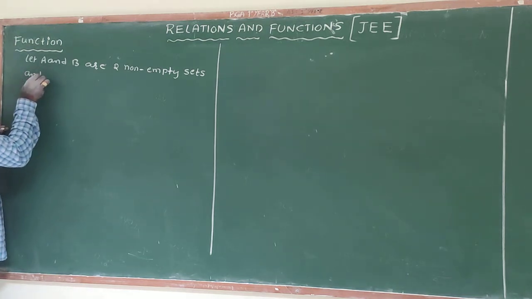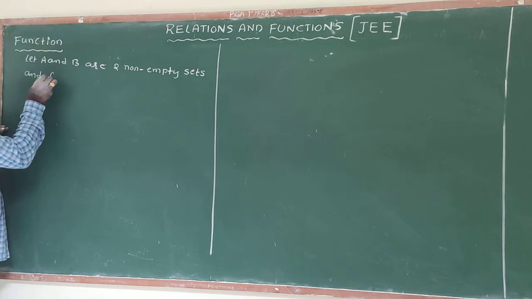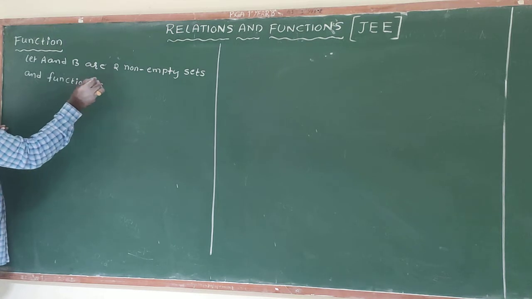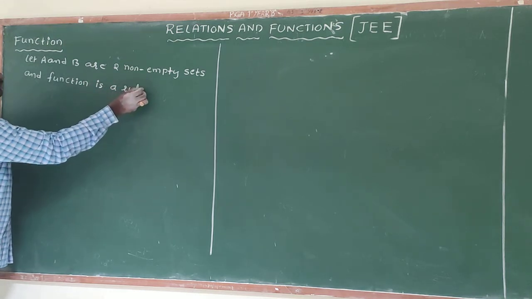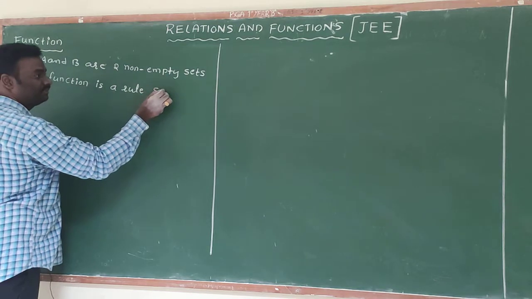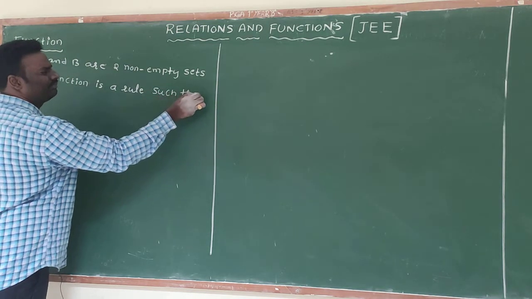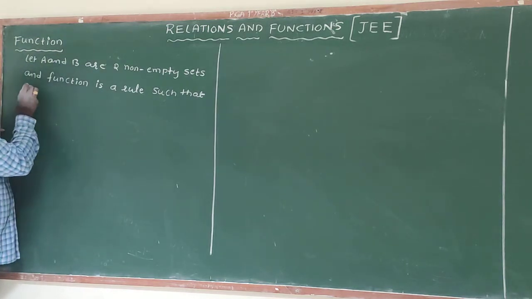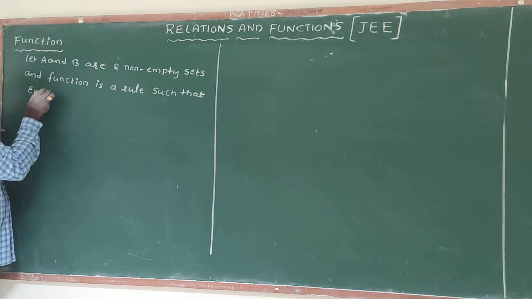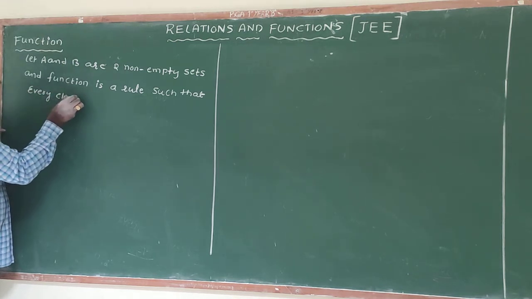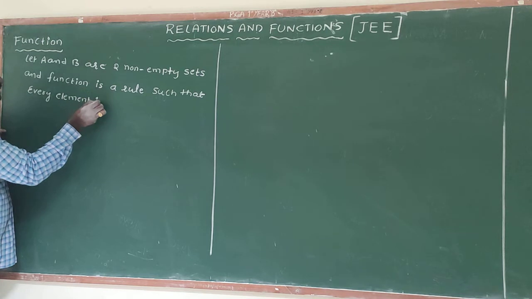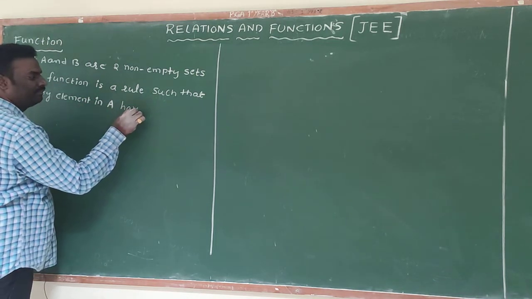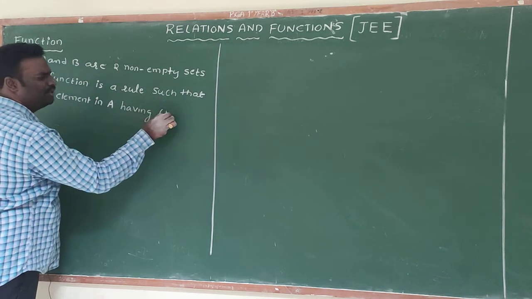And a function is a rule such that every element in set A has a unique image.